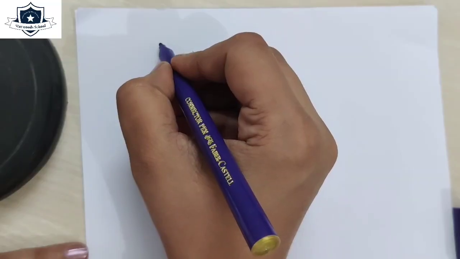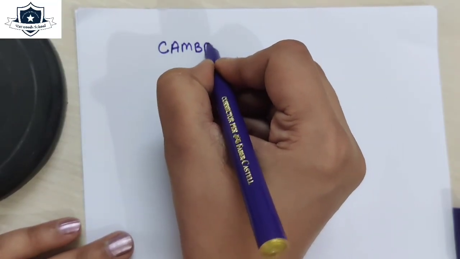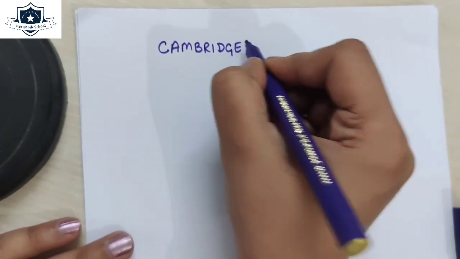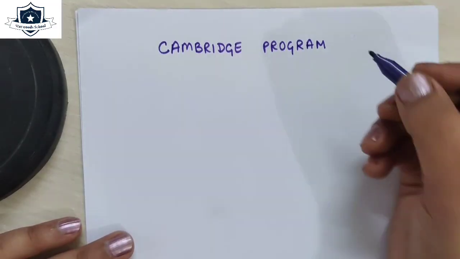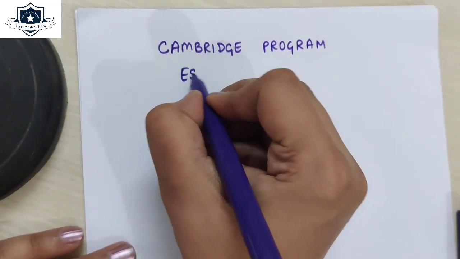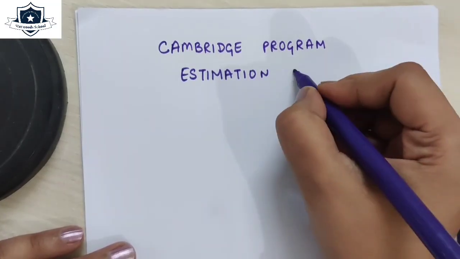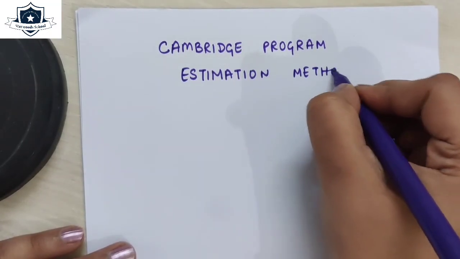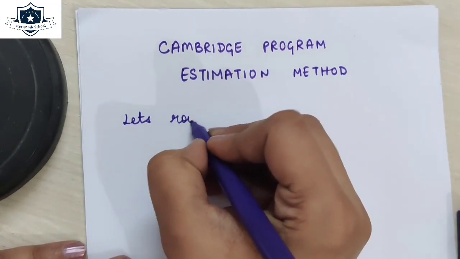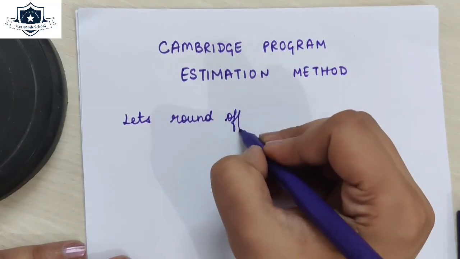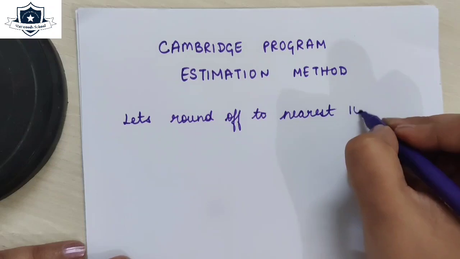This is Cambridge program estimation method. Let's round off to nearest 10.